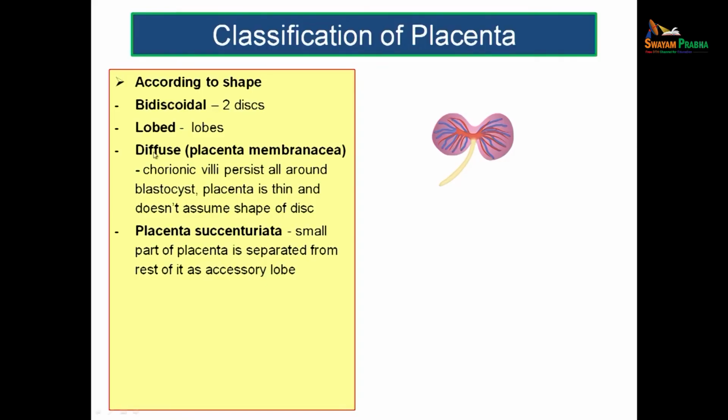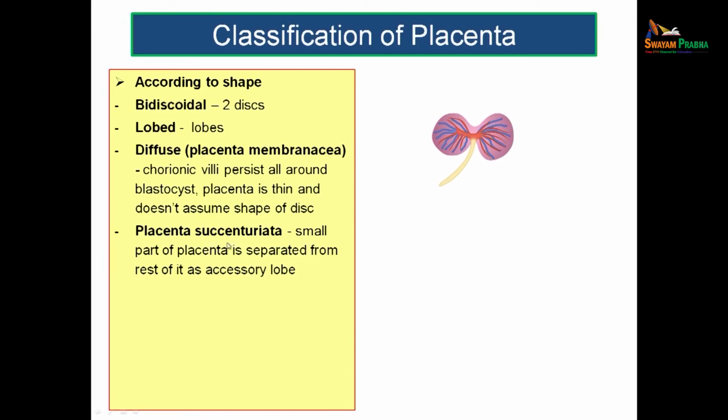In this case, the chorionic villi persist all around the blastocyst. So, when you look at the fetus, you can see that the placenta is just like a thin sheet which is covering the entire fetus, and you won't get a disc of placenta. That condition is known as placenta membranacea.